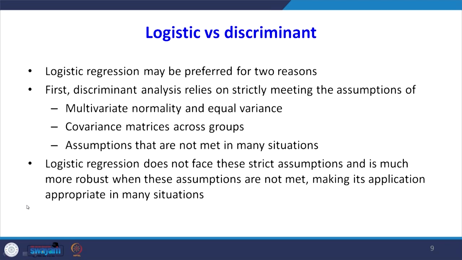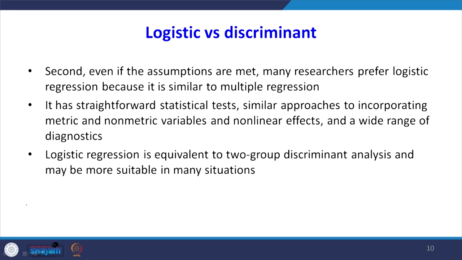The next point, logistic regression does not face these strict assumptions and is much more robust when these assumptions are not met, making its application appropriate in many situations. That is why we are going for logistic regression over discriminant analysis. Another point is, even if the assumptions are met, many researchers prefer logistic regression because it is similar to multiple regression.